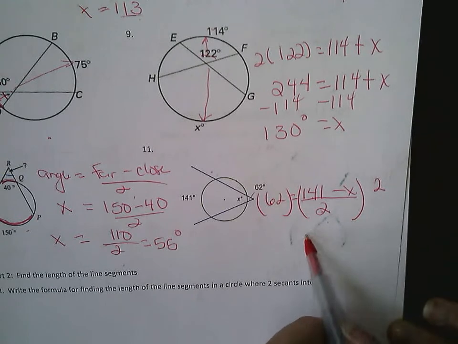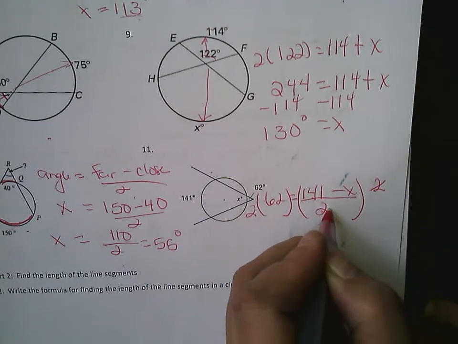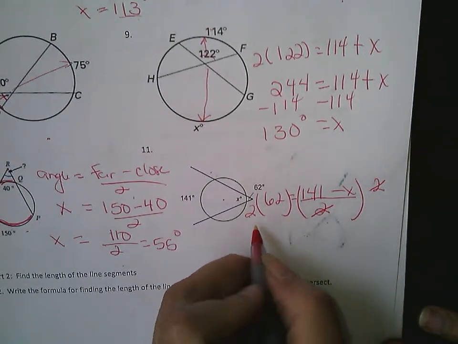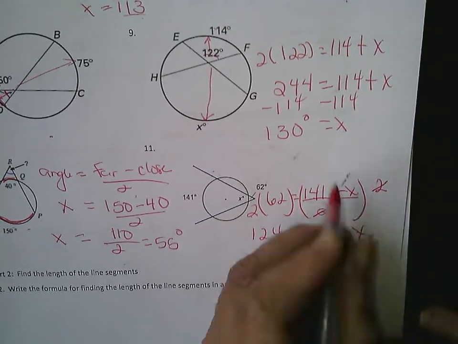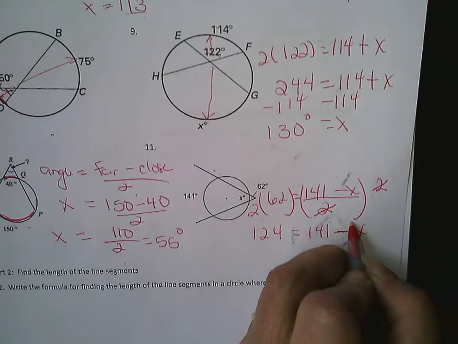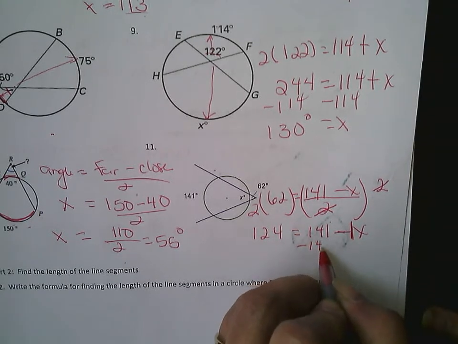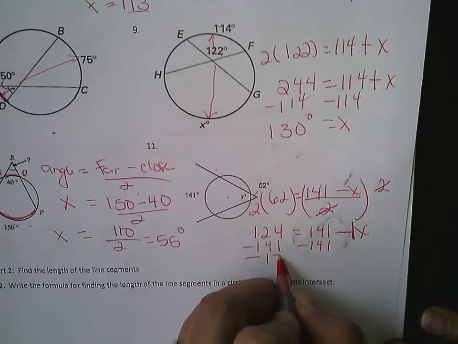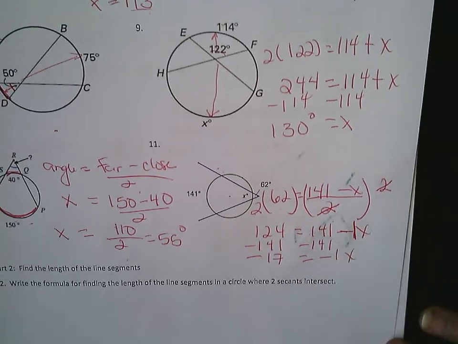So we multiply both sides by 2. That 2 divided by 2 is 1, so that cancels out. 2 times 62 gives us 124 equals 141 minus x. Remember, minus x has a coefficient of 1 in front, that ghost 1. We subtract 141 from both sides and are left with negative 17 equals negative 1x.